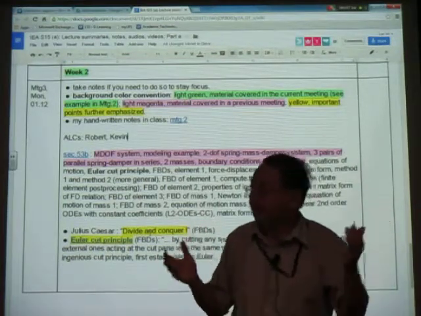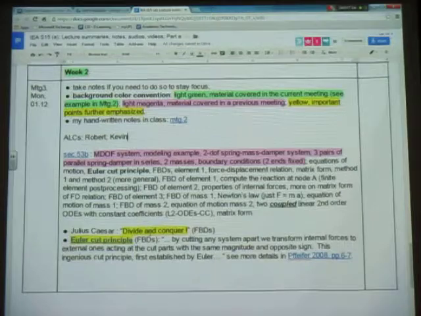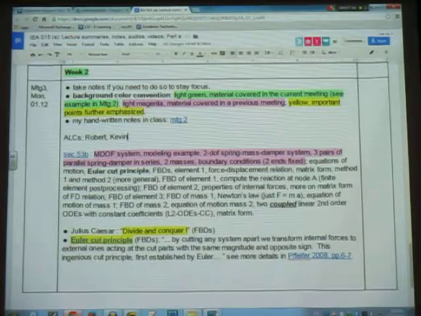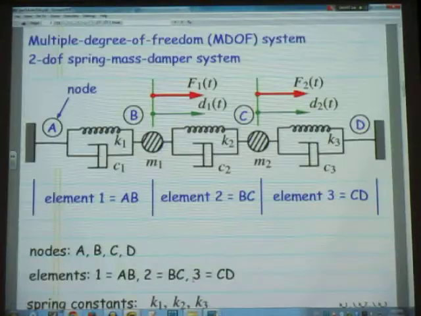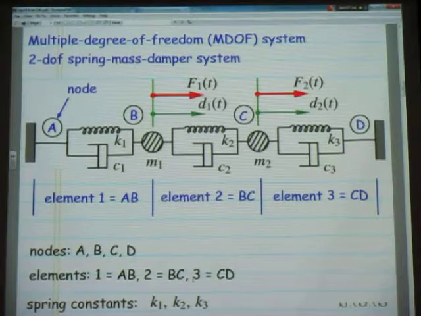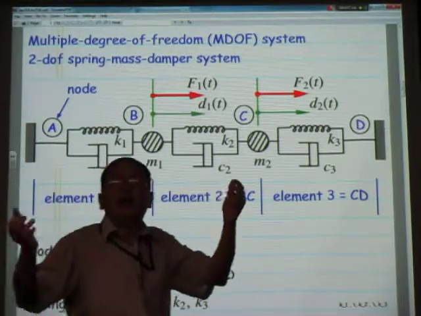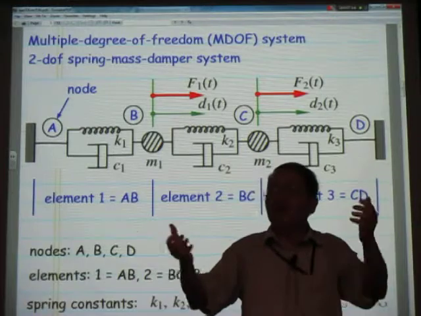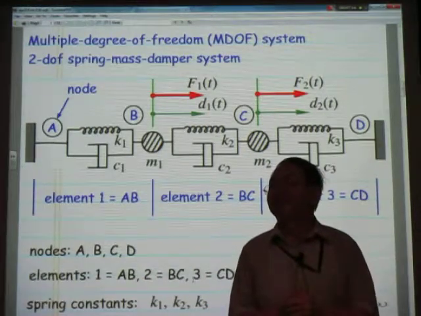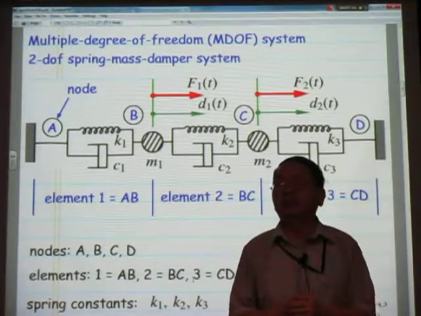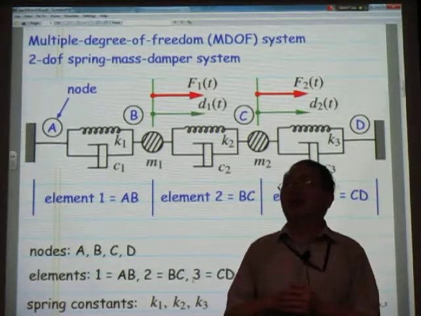What is the connection between this 2 degrees of freedom model and the Akashi-Kaikyo bridge? There's a very, very close connection. Kai?